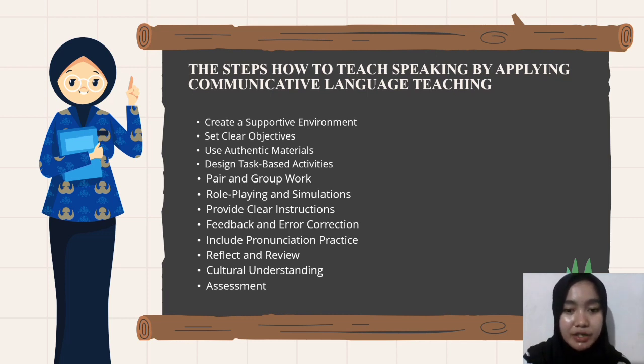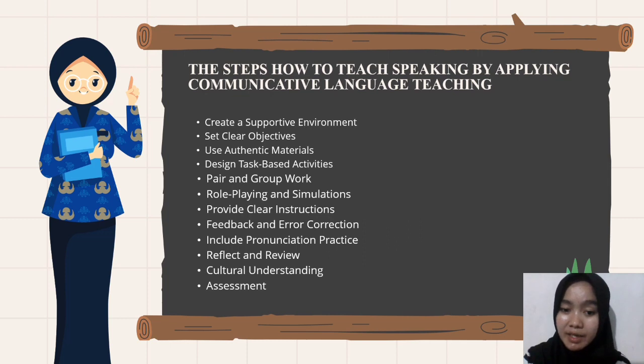Number 3, use authentic materials. Integrate authentic materials like videos, audio recordings, or real-world texts that expose students to natural language use. This helps them learn how native speakers communicate in various contexts.